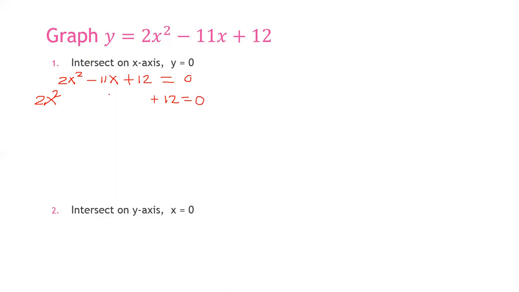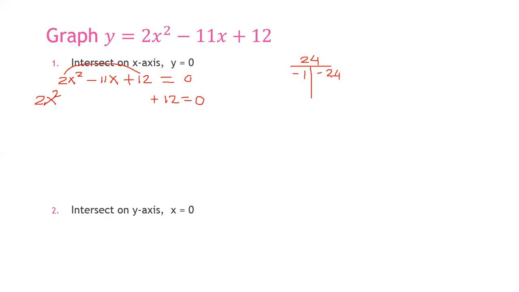Now we're going to find two numbers that multiply to 24. Why 24? Because 2 times 12 is 24. You need to find two numbers that multiply to positive 24 and add to negative 11. Those numbers, if multiplied, equal 24: negative 1 and negative 24.